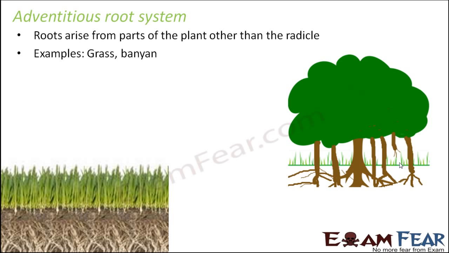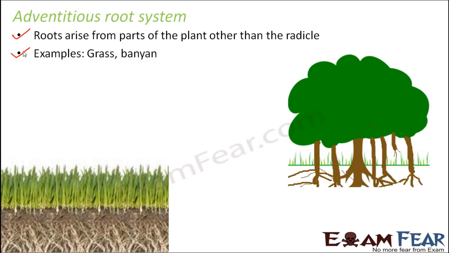It is really interesting to see them. Again, here also the roots are not developing from the radicle, rather the roots are developing from the branches of the same plant. In these kinds of plants, we see that the origin of roots is different. They do not arise from the radicle, they arise from some other part of the plant. So they are known as adventitious root system.